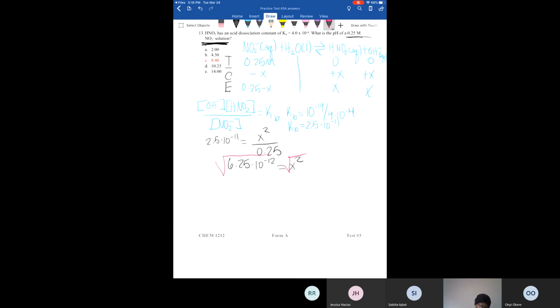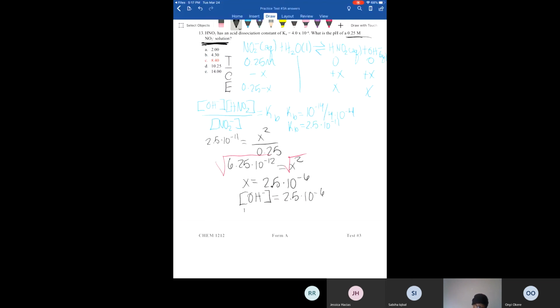And your x is going to be 2.5 times 10 to the negative 6. Now this gives you your OH minus concentration, which equals 2.5 times 10 to the negative 6.